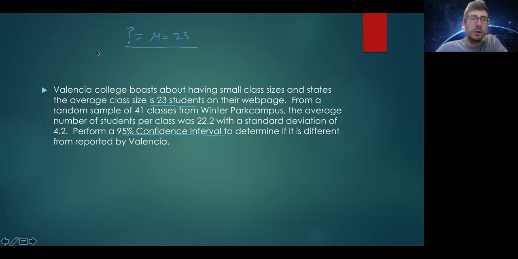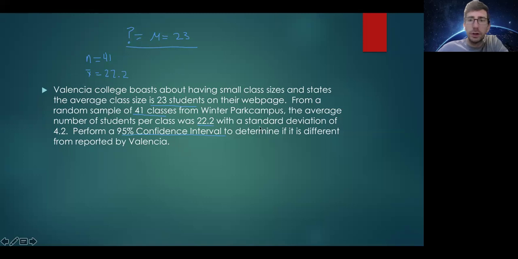We need a few things to do this, right? We need our sample size, which we're given here is 41 classes, and we're told the sample average from that sample of 41 classes was 22.2. So on average, there were 22.2 students in each class.